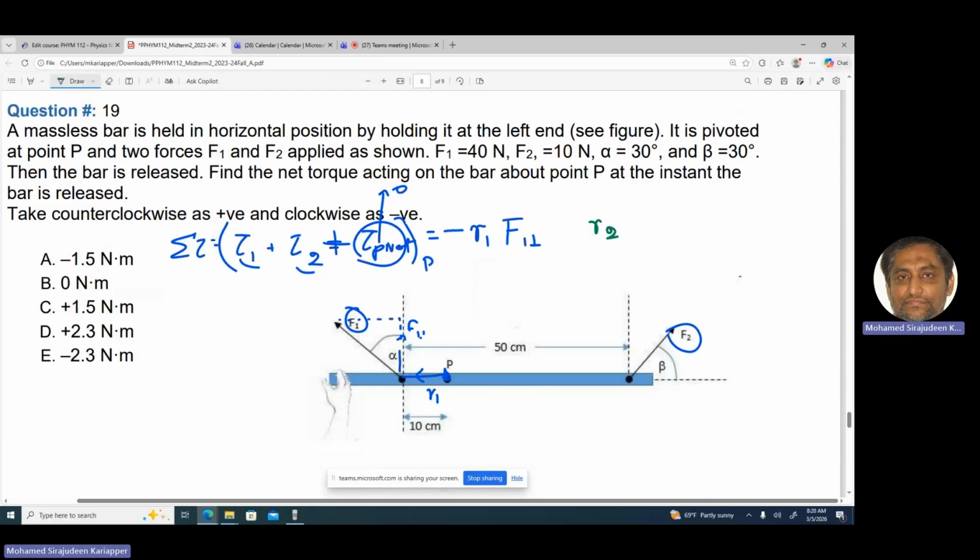Show me what is R2. From the pivot point where you want to take the torque to where the force is applied. So this will be R2. And F2 perpendicular. Positive or negative? Counterclockwise, right? So positive.